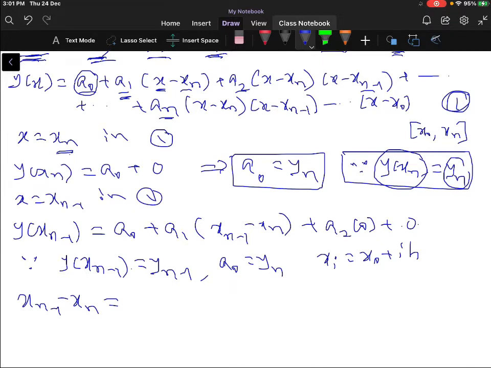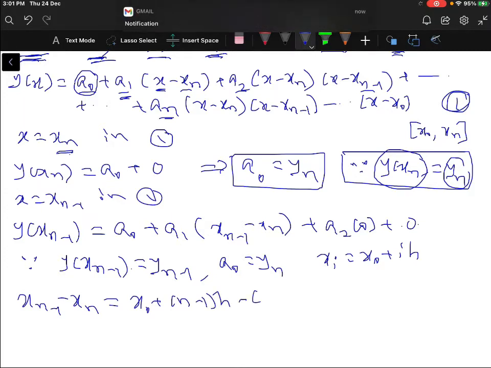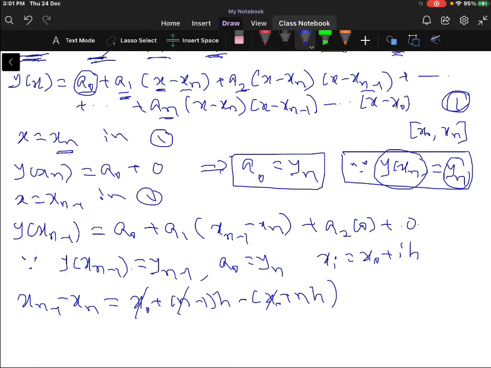So now xn minus 1 minus xn can be written in terms of x naught, that is x naught plus n minus 1 into h minus x naught plus n into h.